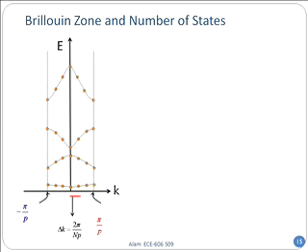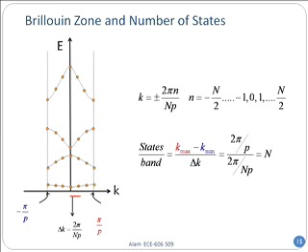And you can see how many solutions I have. Let's try that. Remember, number of states per band, how many solutions I have. I'll have to take the maximum region k max and the left hand side minimum region k min. K max minus k min is, you can see, 2 pi over p.